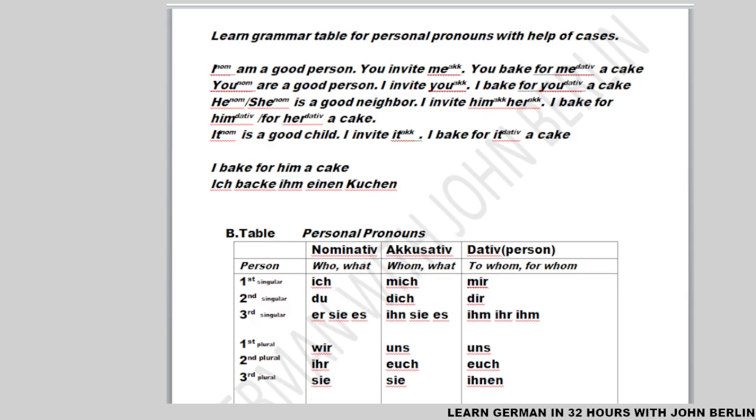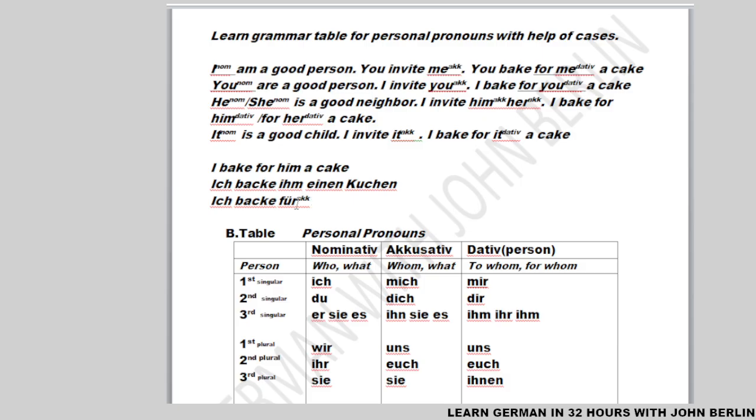Now, we could also write the sentence like we write it in English. Ich backe, and I'll not use the pronoun from Dativ, I'll make it like we write it in English, for and him. So what is for in German? It's für. And für, just to tell you as a trivia, is accusative. So in German, prepositions are also having their own cases.